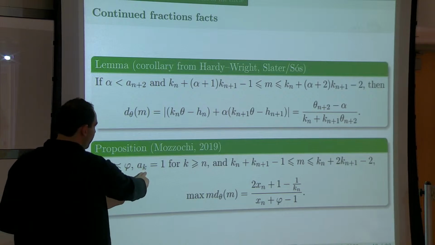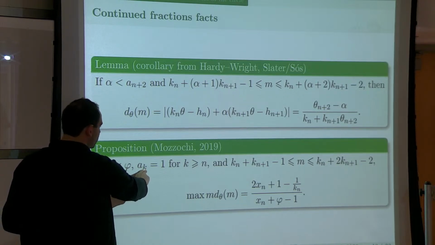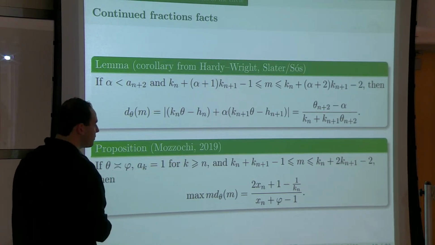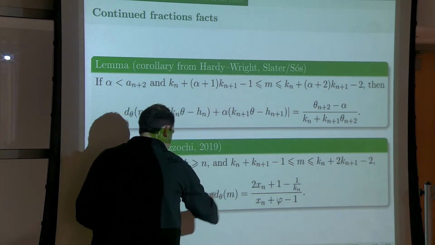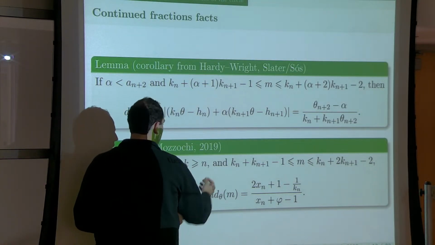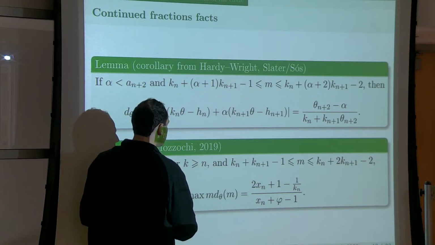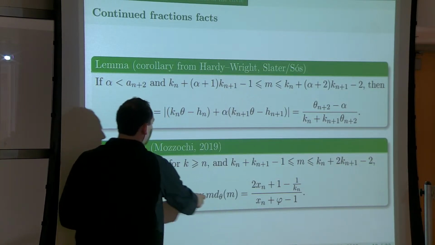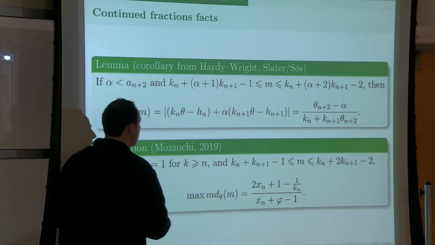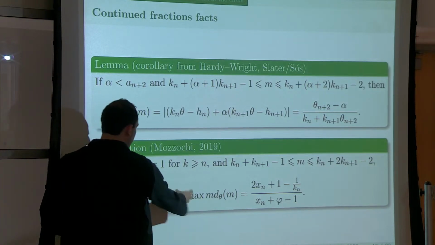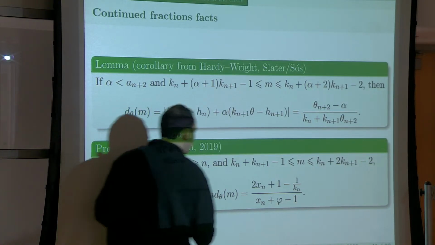And we're going to say that this starts to be true after n. Well, then we can actually say exactly what, on this whole interval, m d theta of m is. And of course, m d theta of m is actually constant on this interval, but the max is going to show up in a little bit.